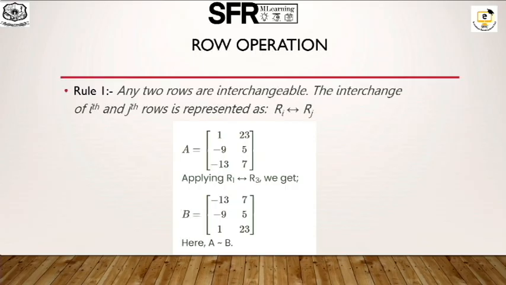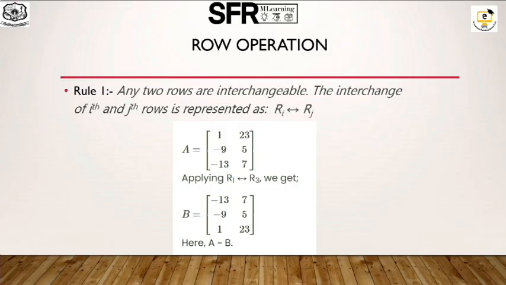We are going to perform a row operation, that is, we can change any 2 rows. We are going to interchange the first row with the third row. The given matrix A has first row elements 1 and 23, and third row minus 13, 7.